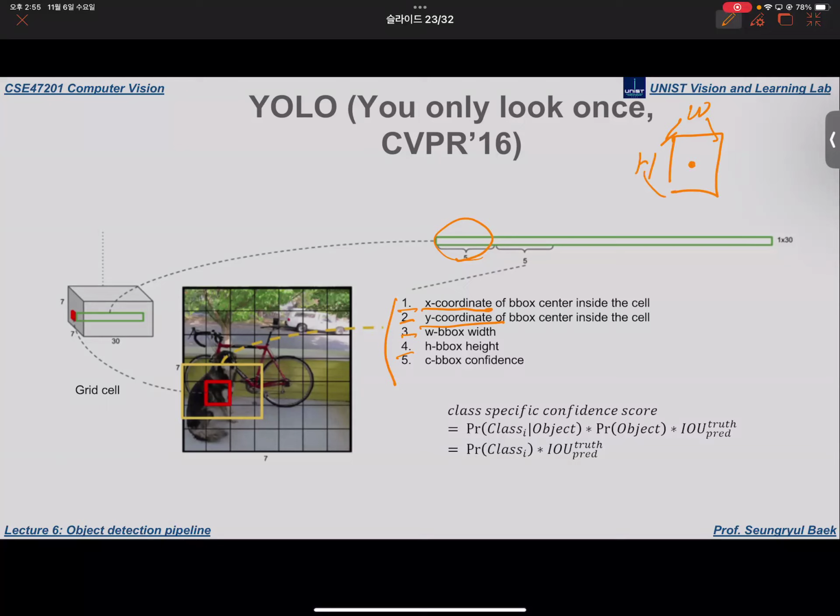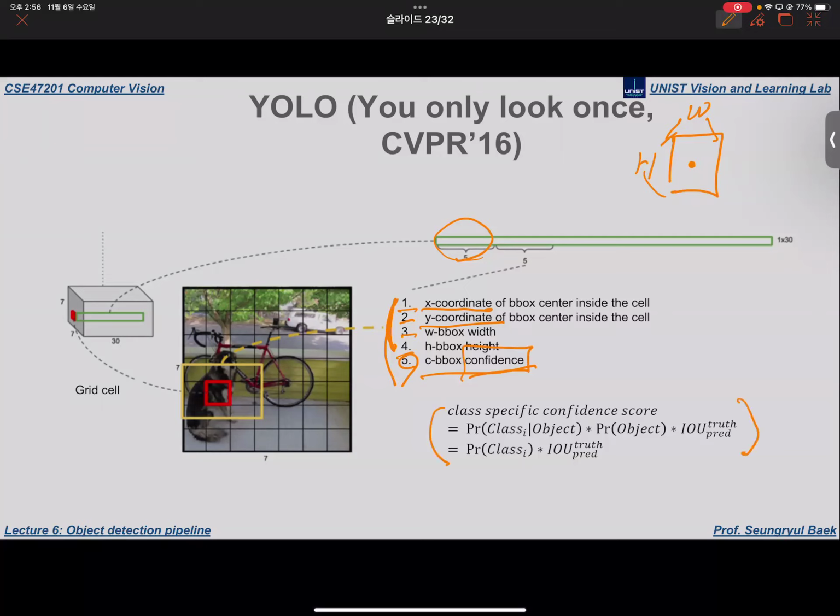This is kind of intuitive, right? To specify a bounding box with arbitrary size, you have to specify the center XY coordinate and the width and height to properly describe it. And the fifth information is the confidence value.